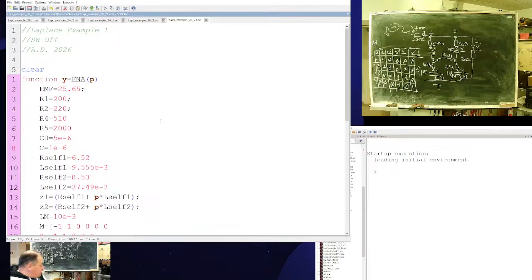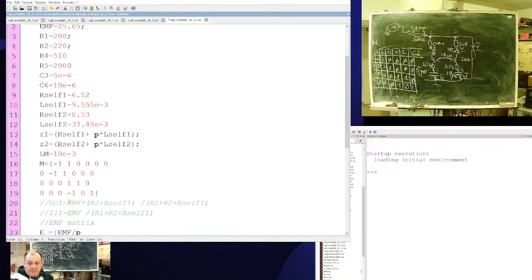The capacitor of branch 4 is 10 microfarads, not 1. Yeah, this will be okay. Self-resistance of the primary winding of my mutual inductance, self-inductance of the primary side, these are okay. Yeah, L mu, mutual inductance.